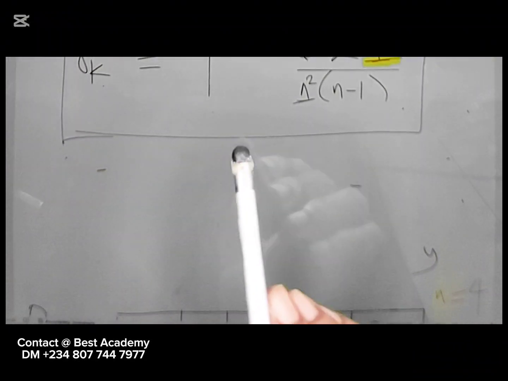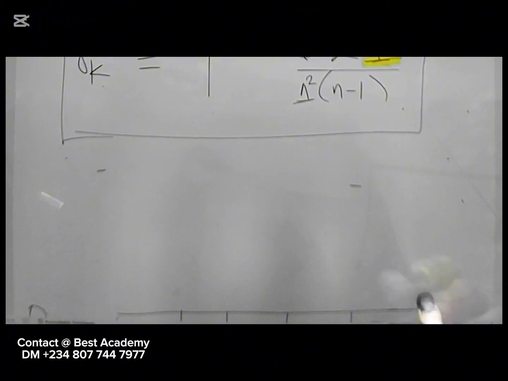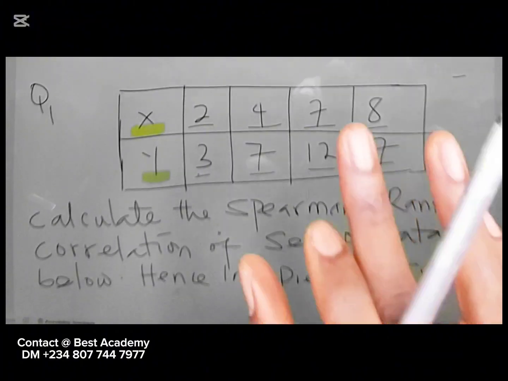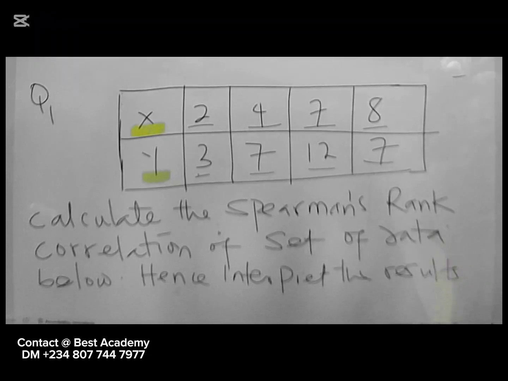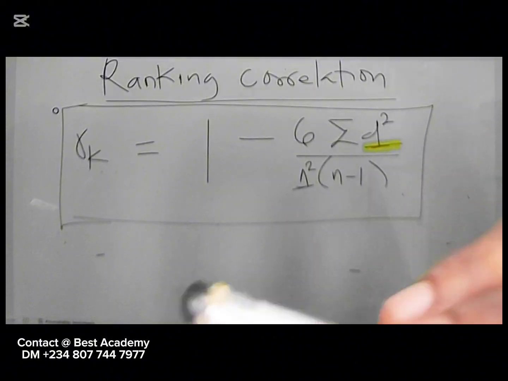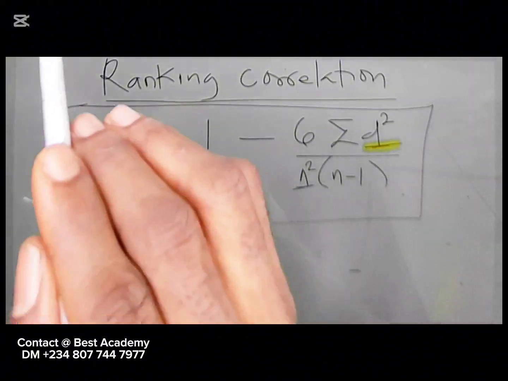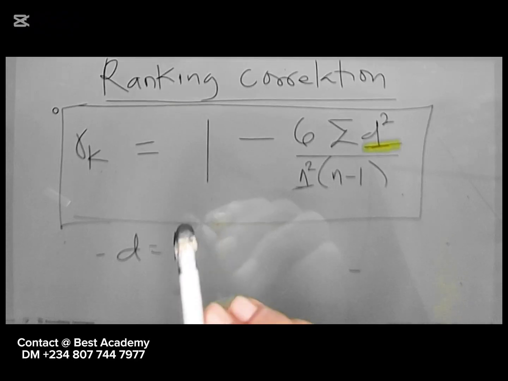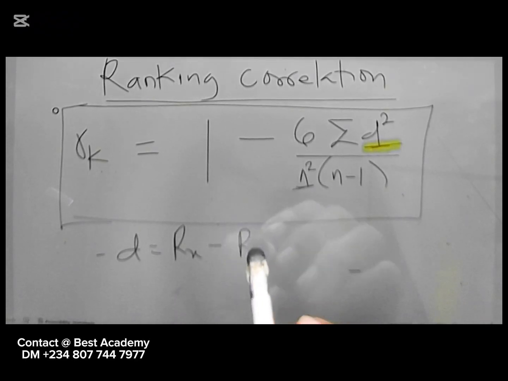So my intention here, class, is to recreate this particular table in order to calculate this d. Remember, if you can calculate d, you can calculate d squared. Why are we calculating d? Because d is the ranking of s minus the ranking of y.